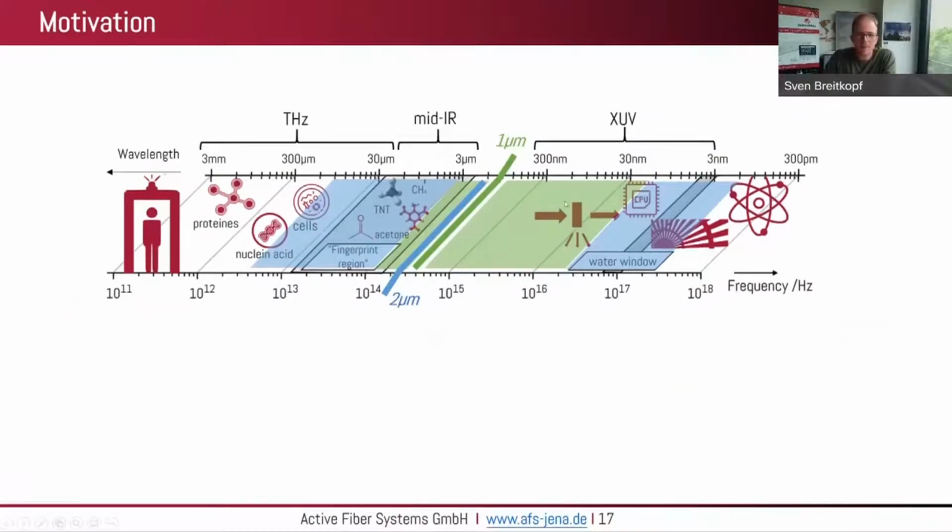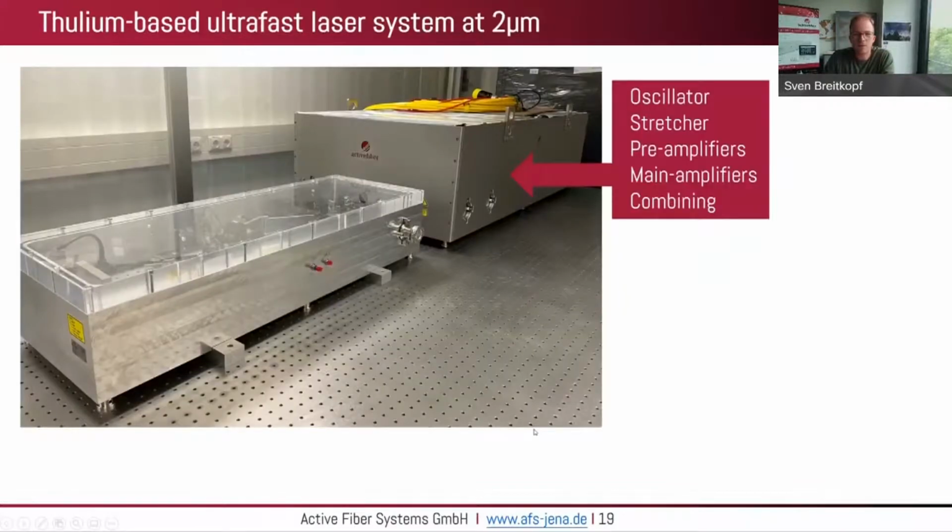Okay, let's get a bit more into some specific things that you can do using 2 micrometer lasers. So these results were done with 1 micrometer lasers, but if you change the wavelength of the driving system, you can access other ranges of this electromagnetic spectrum. And we've built a system.